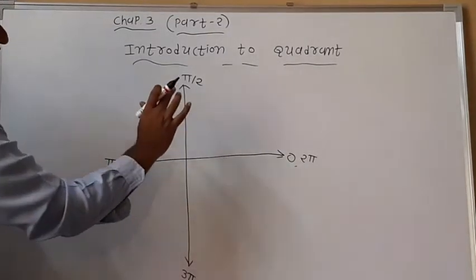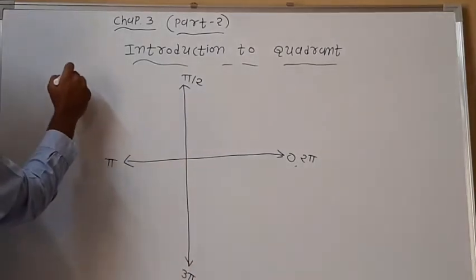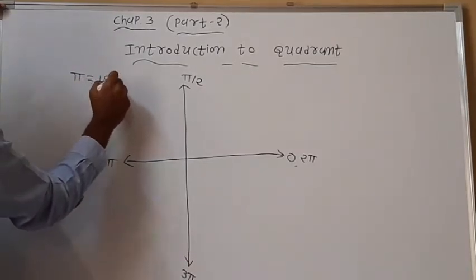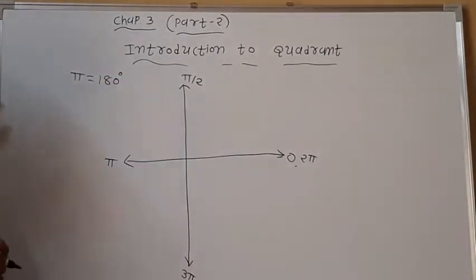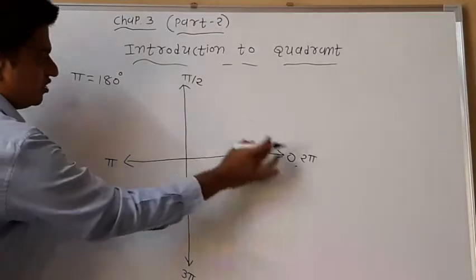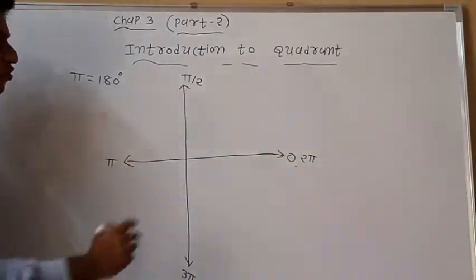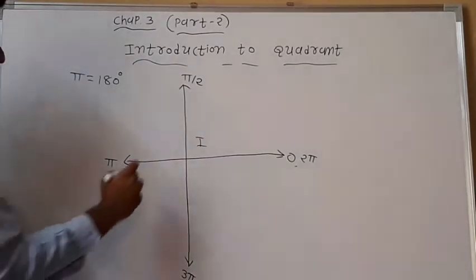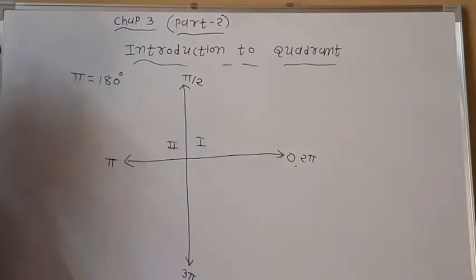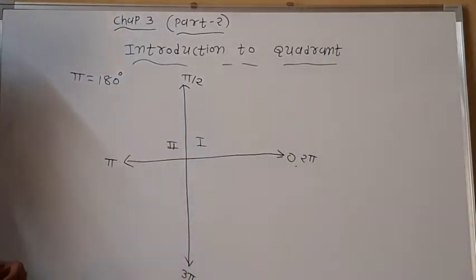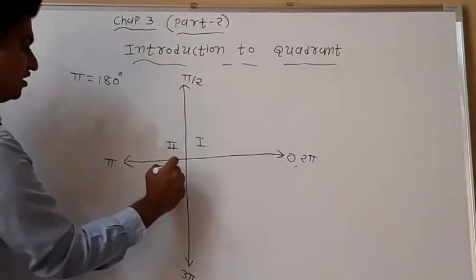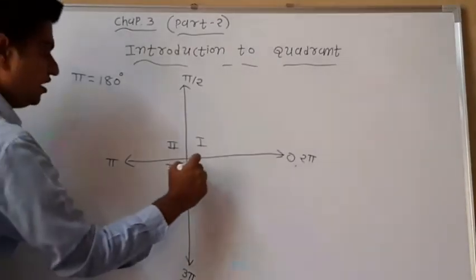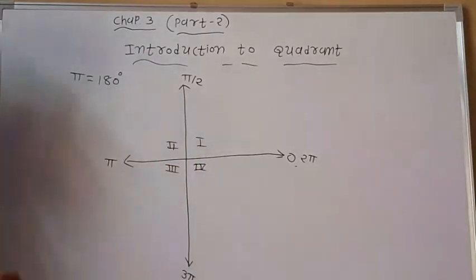Here pi is presented in radian form, and we know that the value of pi is equal to 180 degrees. Now, 0 to pi by 2 is the first quadrant, pi by 2 to pi is the second quadrant, pi to 3 pi by 2 is the third quadrant, and 3 pi by 2 to 2 pi is the fourth quadrant.